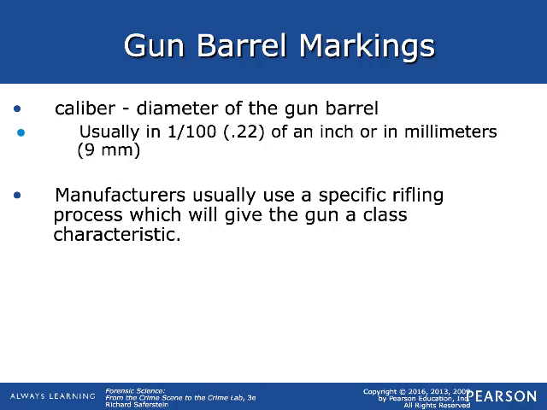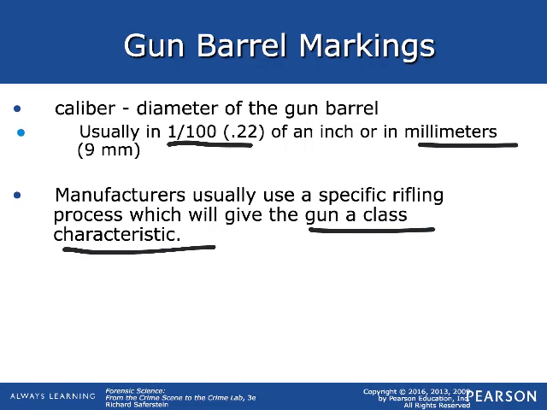Okay, now caliber is a vocabulary word that's used. Caliber often refers to the diameter of the gun barrel, usually expressed in hundredths of an inch or in millimeters. Manufacturers usually use a specific rifling process, and that gives the gun a class characteristic.